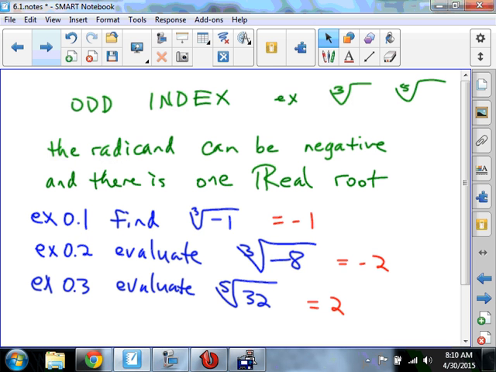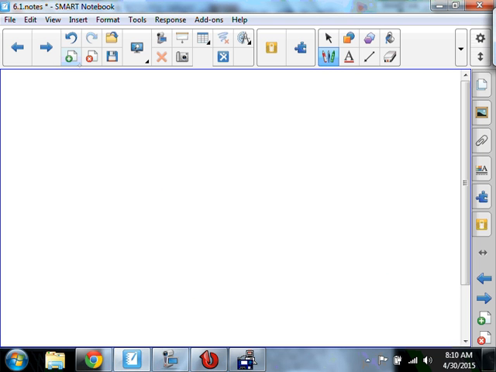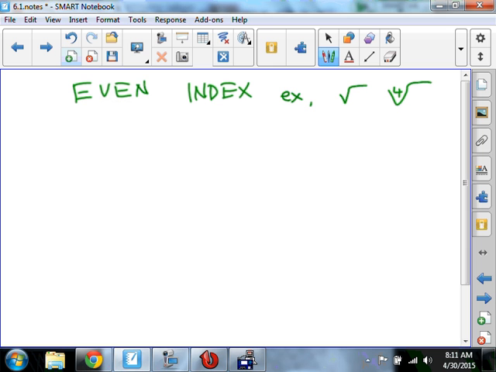Okay. So now let's look at what happens if there's an even index. If the index is even. Why did I write index without the n? I forgot the n. Can't forget the n. So if we had the square root or the fourth root, there are a couple of things to consider.